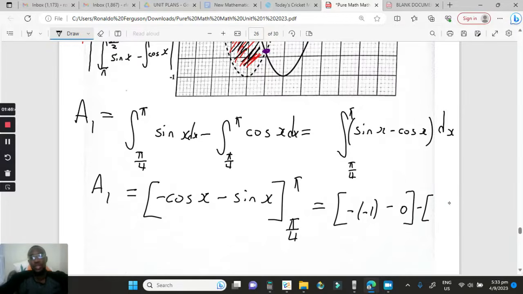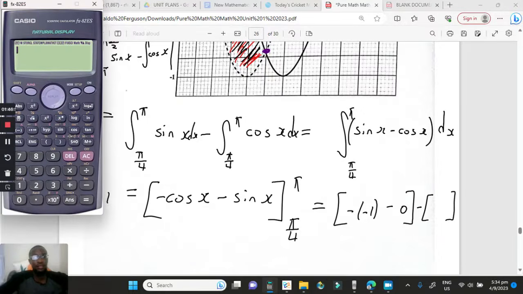And then we subtract when we put in now pi over 4. And when you put in pi over 4, you're going to get minus cos pi over 4.